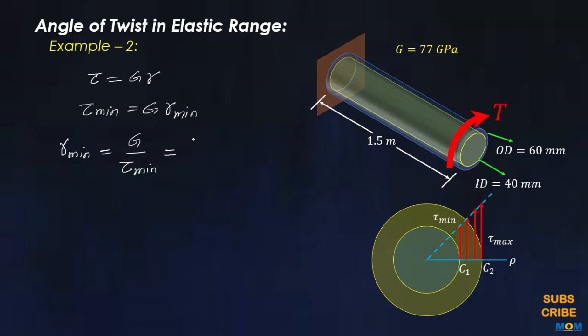The value of G, that is 77 gigapascal, and the value of stress minimum, that is 70 megapascal. So the value of gamma minimum is going to be 909 into 10 raised power minus 6.